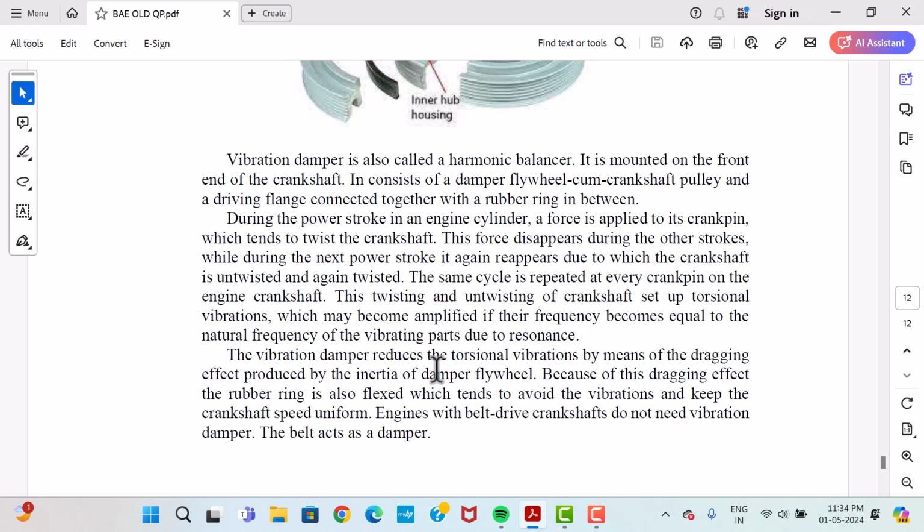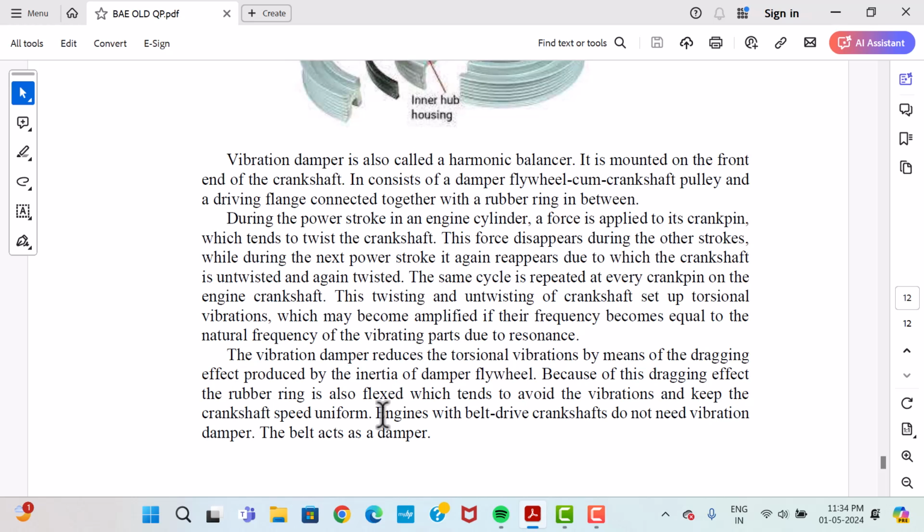The vibration damper reduces the total vibration by means of the dragging effect produced by the inertia of the damper flywheel. Because of this dragging effect, the rubber ring is also flexed, which tends to avoid the vibrations and keep the crankshaft speed uniform, because the torsional vibration creates variation in the torsion.